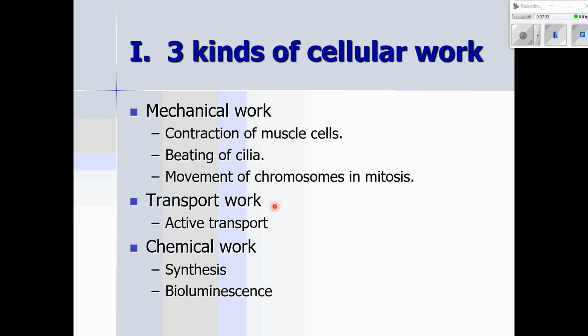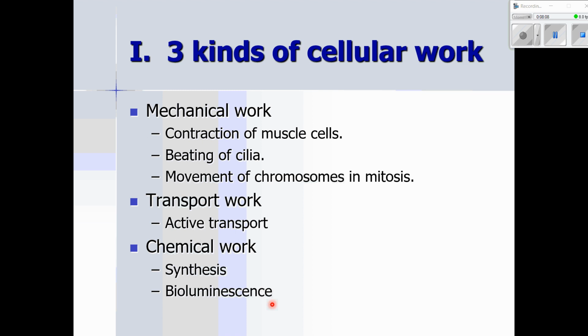And finally, we have chemical work. This is any sort of chemical reaction where ATP is going to be needed. So synthesis, which means the building of molecules, like protein synthesis or DNA synthesis or lipid synthesis. Anytime you're building something, that takes energy. Bioluminescence is the unique ability that some cells have to produce light, to release energy in the form of light.